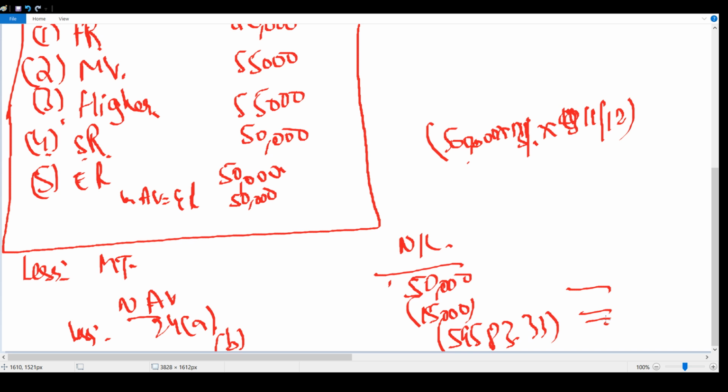Income from house property 1 is negative 24,583.33.